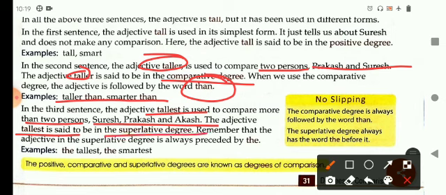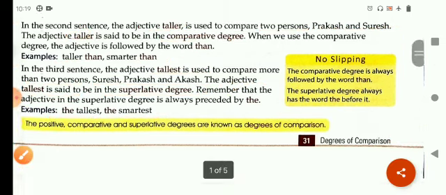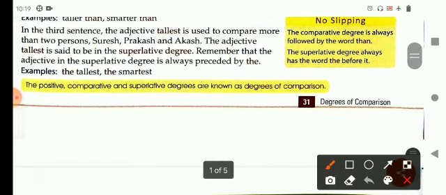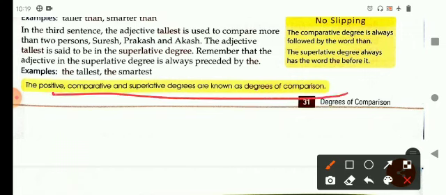And remember children, that adjective in the superlative degree is always preceded by the. For example, the tallest, the smartest. Children, the positive, comparative and superlative degrees are known as degrees of comparison.